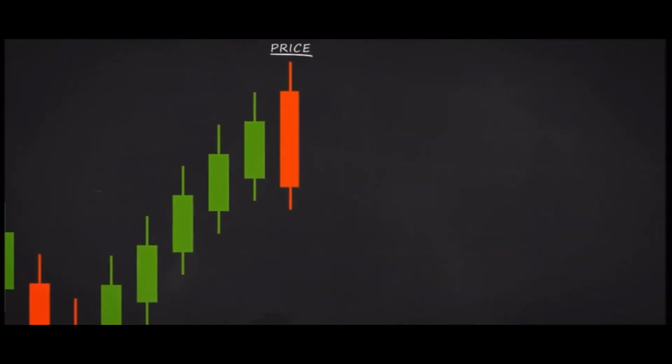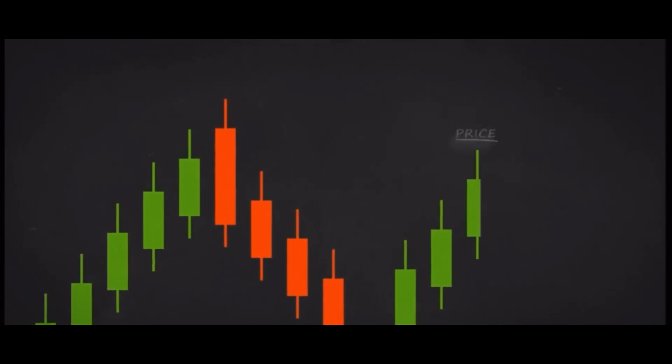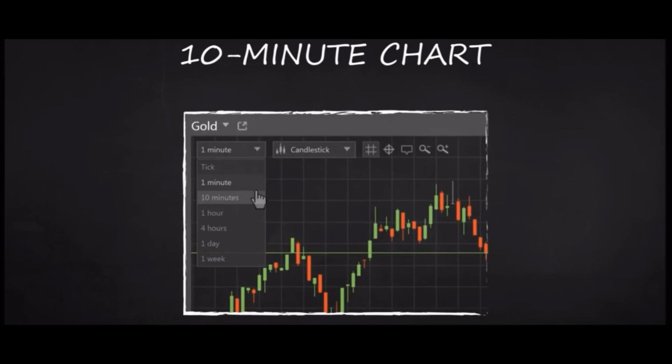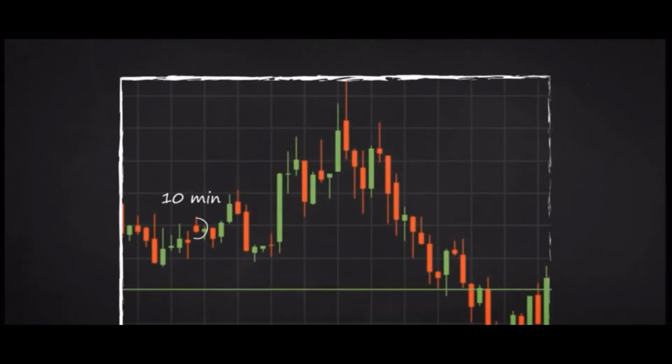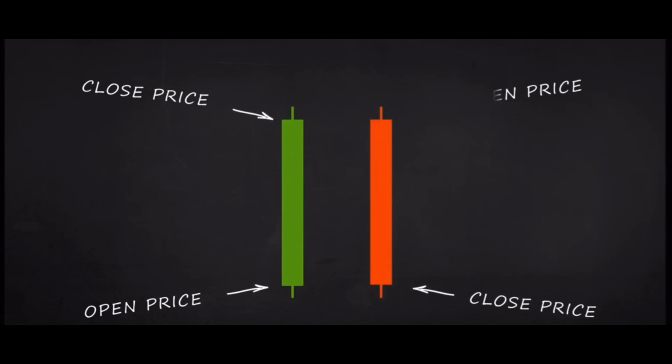A red candle shows that the price is going down, and a green one represents an increasing price. If you're looking at a 10-minute chart, each candle represents a 10-minute time interval. We see a green candle when the open price is lower than the close price. If the price closes lower than it opened, then the candle is red.